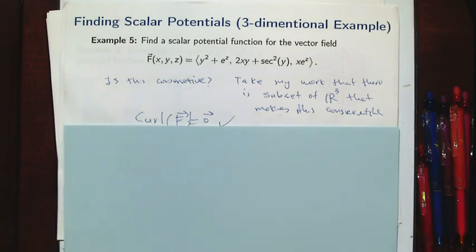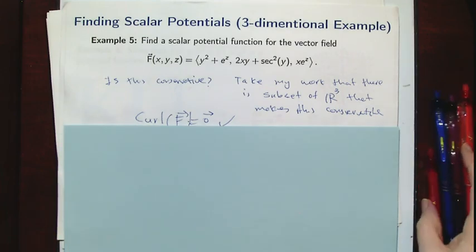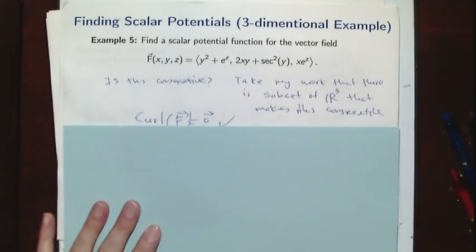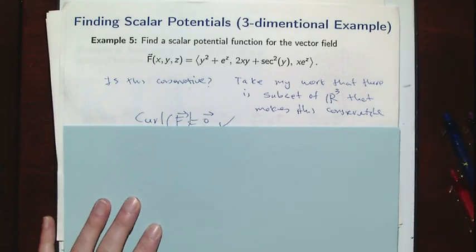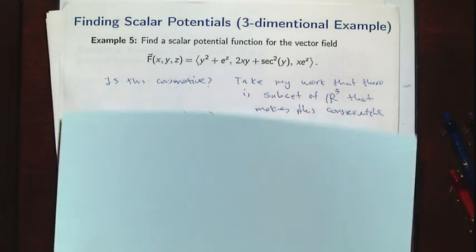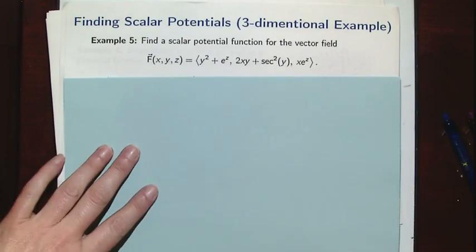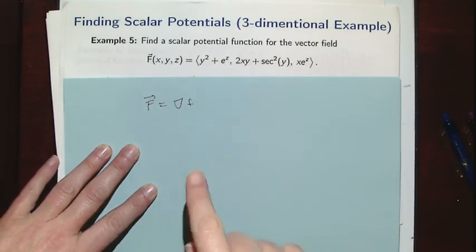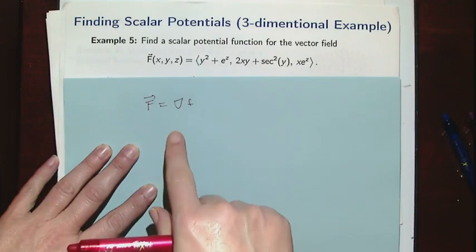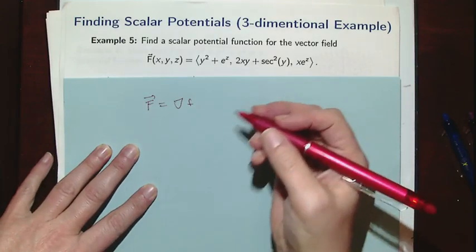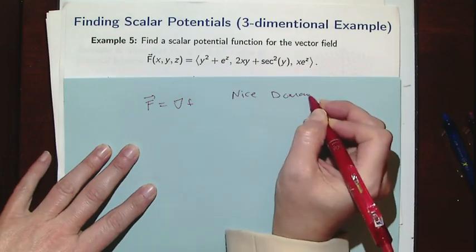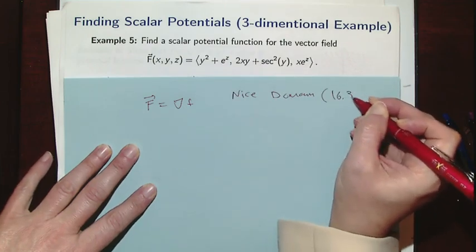I do want to go over this problem because you guys were kind of rushing out when I described it. What happened last time is that we decided that if F is a gradient of f, I said, how do we check that it's a gradient? You have to make a nice domain. This is 16.3.